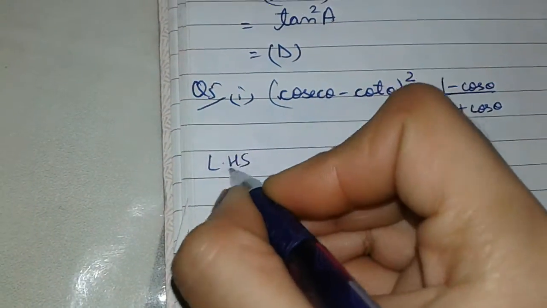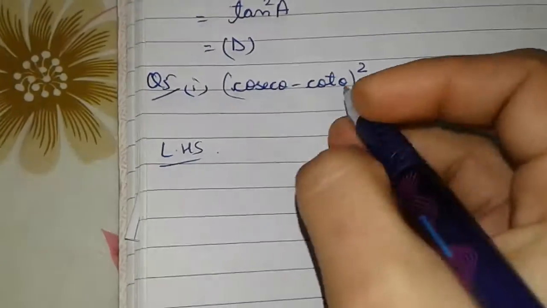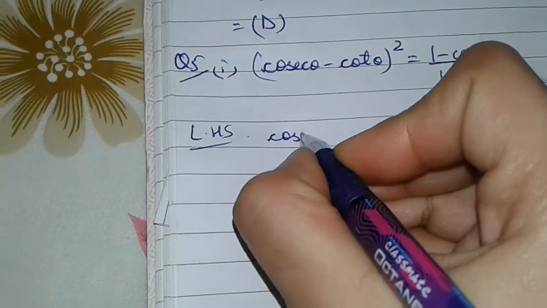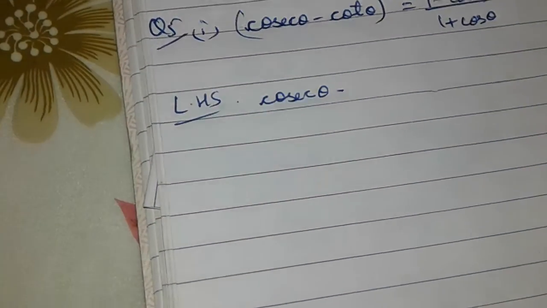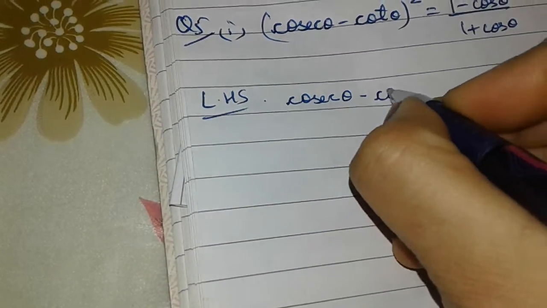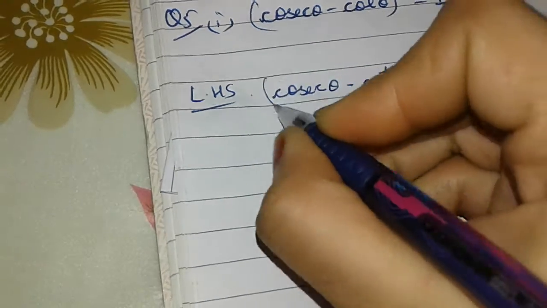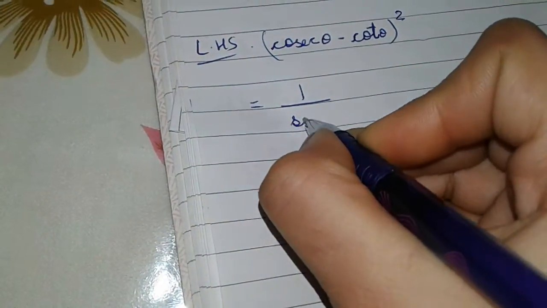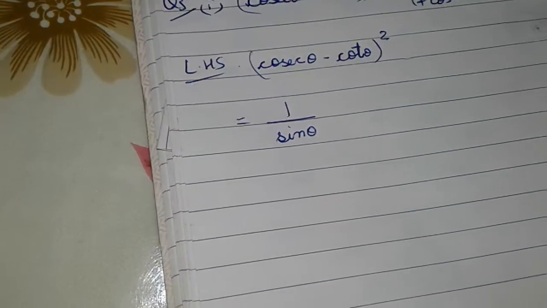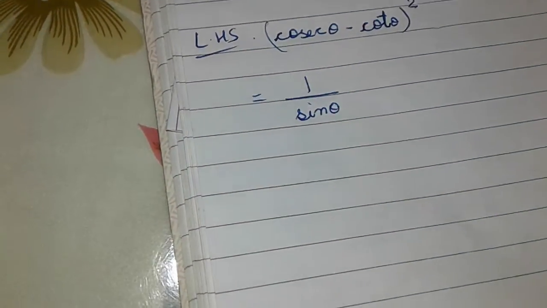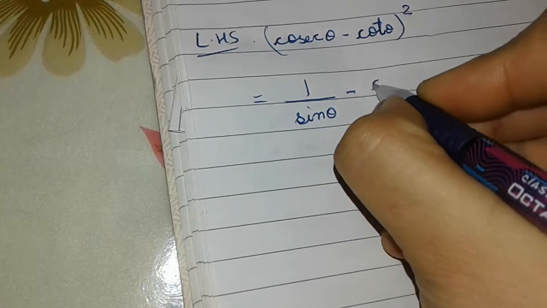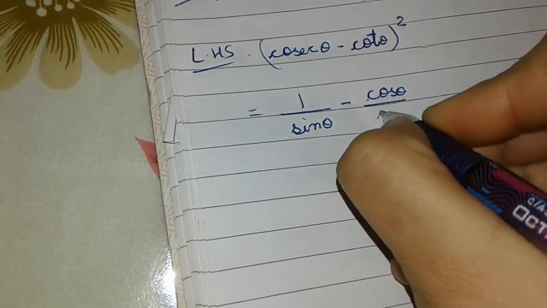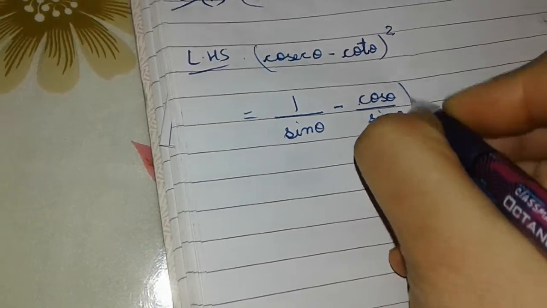Now take left hand side. Left hand side is (cosec theta minus cot theta) whole square. Now this cosec theta can be written as 1 upon sin theta, as cosec theta is the reciprocal of sin. Now this cot can be written as cos theta upon sin theta, whole square.